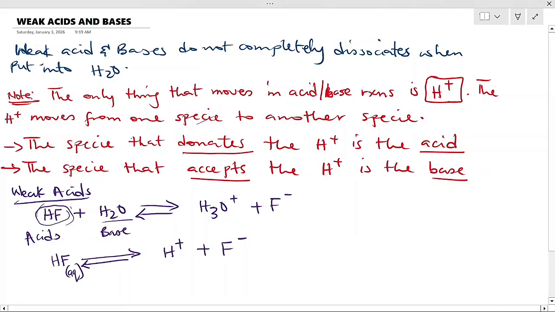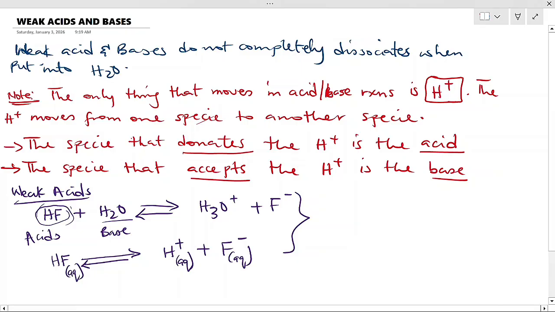They are all in water floating around in solution. So HF gives out its proton to become H plus and F minus. Note that in this case, H plus is always attached to water to give H3O plus, which floats around in solution.